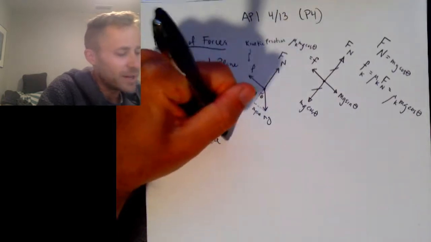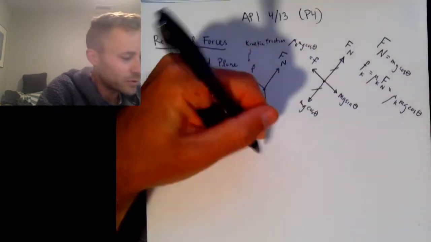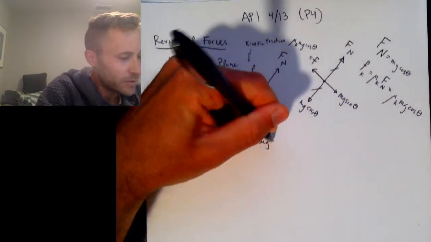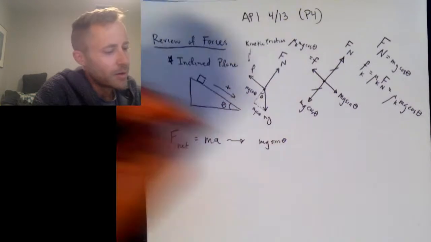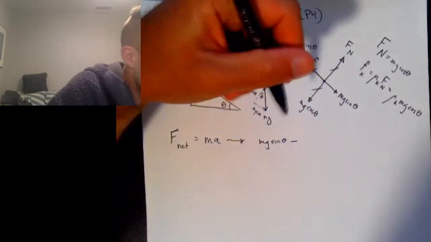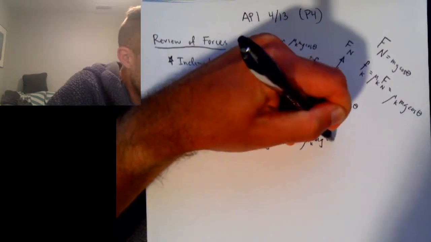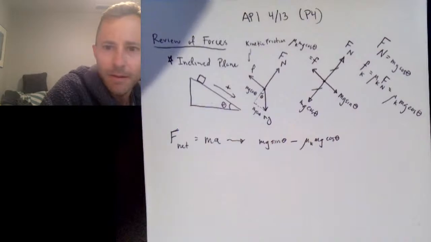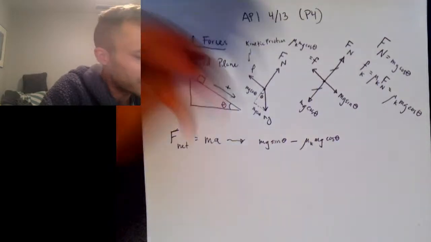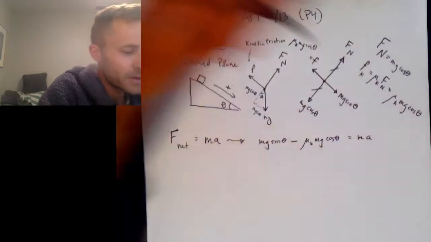That means my net force is the force in the positive direction, mg sine of theta, minus the force in the opposite direction, which is friction, mu sub k, mg cosine of theta. So that is the net force, and that's equal to ma.